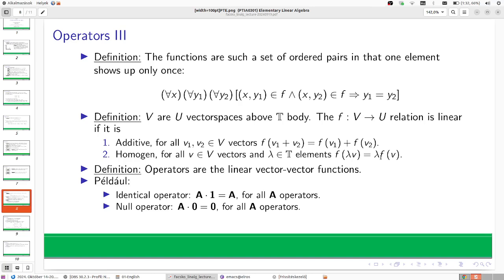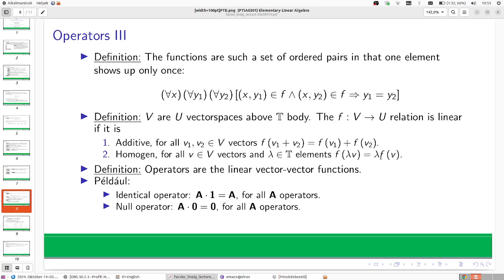So operators are linear vector functions. Very simple. What is an identical operator? If you multiply any operator with it, then you get the same operator. You also have a null operator, and if you multiply anything with that, you get that operator.